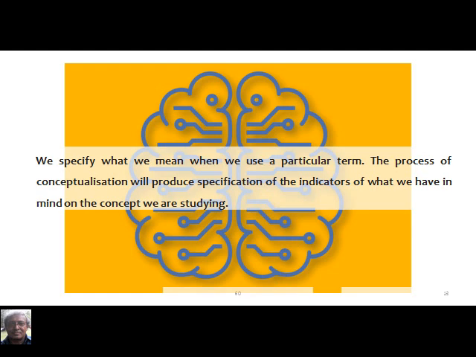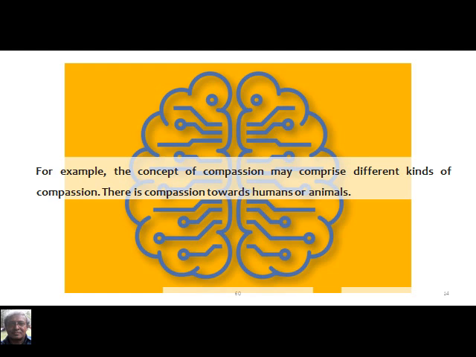The process of conceptualization will produce specification of the indicators of what we have in mind on the concept we are studying. For example, the concept of compassion may comprise different kinds of compassion. There is compassion towards humans or animals.